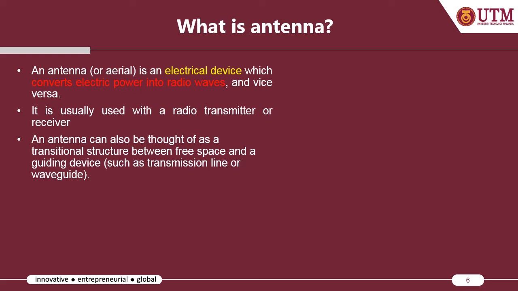So it is usually used with a radio transmitter or receiver, and an antenna can also be thought of as a transitional structure between free space and guiding device. Okay, guiding device may be free space or guided device such as the waveguide.